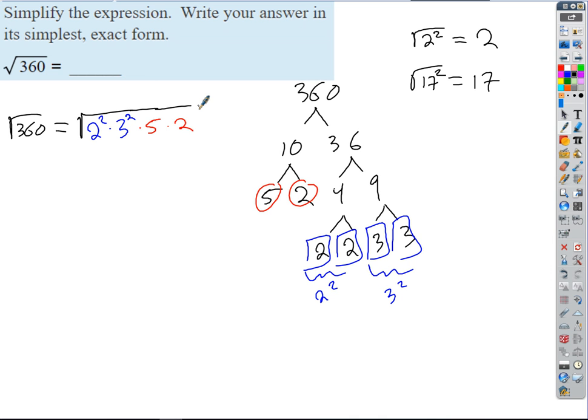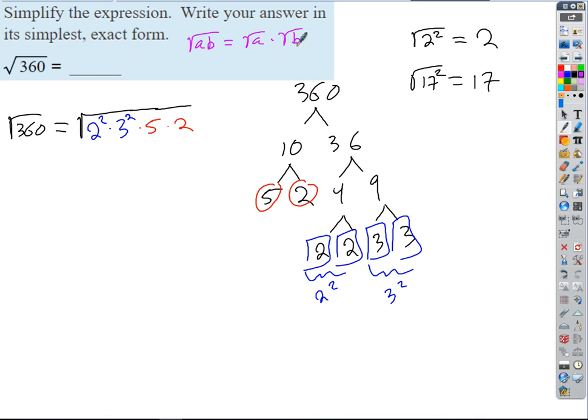There's a property of square roots that tells us if I have a square root of a product, I can break that up into separate square roots if I want to. When you write that property down, it looks like this: the square root of A times B equals the square root of A times the square root of B, where A and B are just numbers.